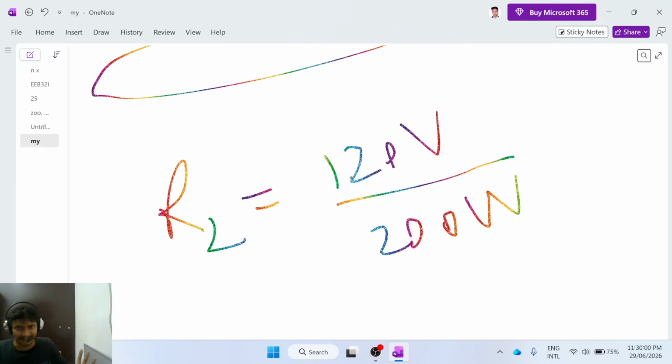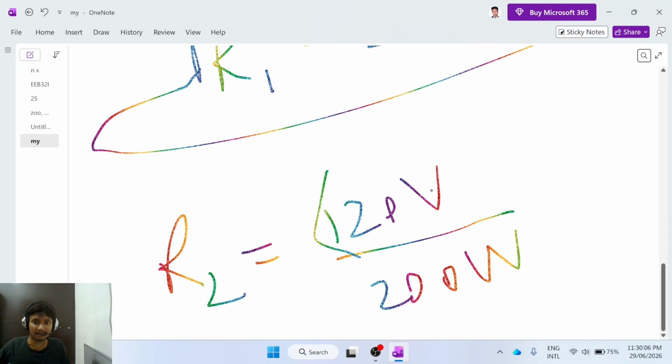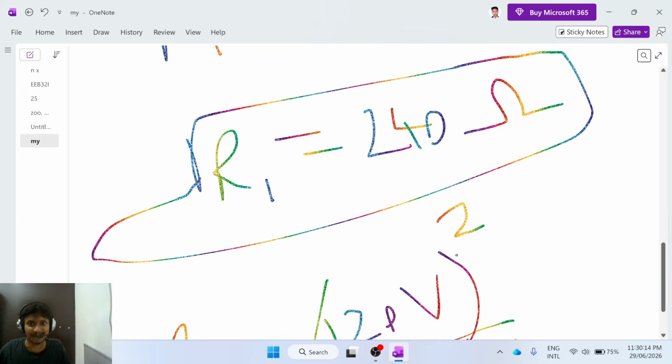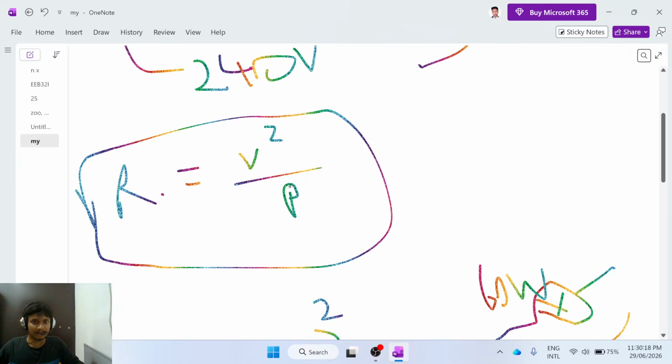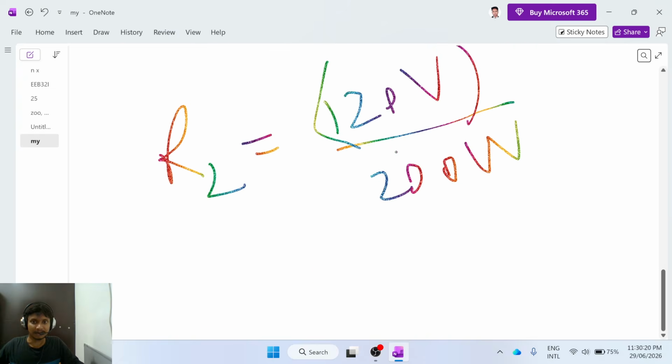Don't forget the square while substituting, 120 volt, 120 volt.